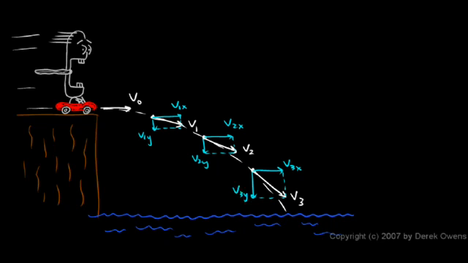If I've drawn this accurately, then the horizontal velocity is constant. That means v0 here is the same as v1x and v2x and v3x. All of those are the same.